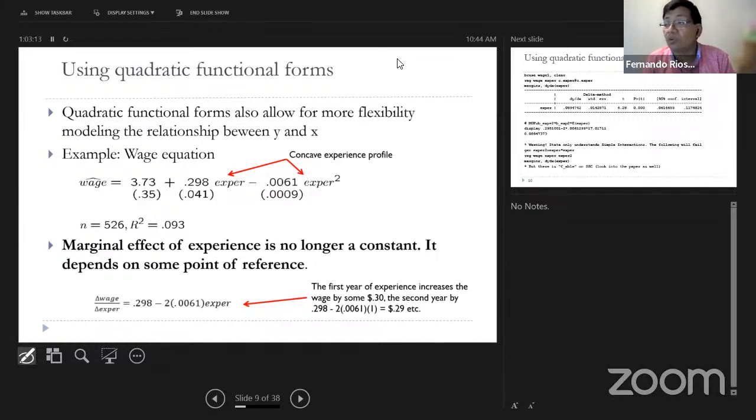The simplest approach to add this flexibility is, in more technical terms, a Taylor expansion of second order, which basically means that in addition to the linear parameter, you add a quadratic parameter to get some of this flexibility.